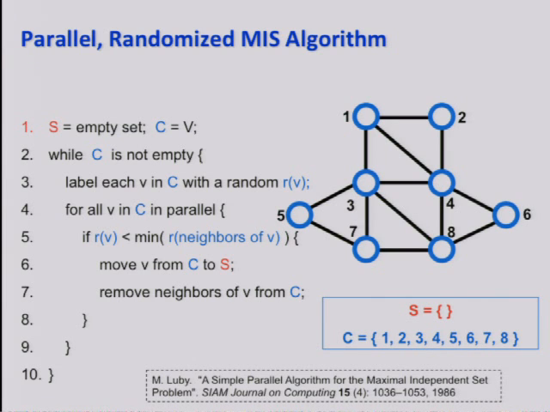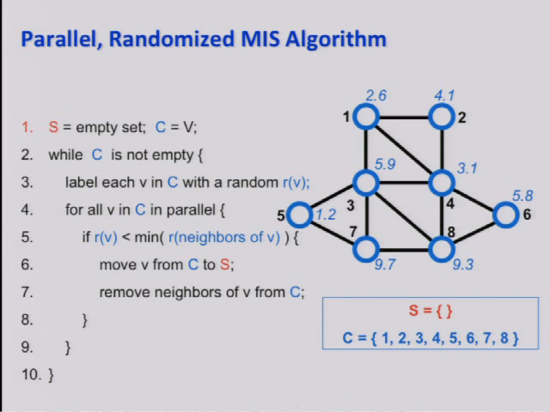You randomly label every entry in C with a random number, like this. Then every one of them independently looks at its neighborhood and checks if it has the minimum number. So 5 is going to find itself as having the minimum number, and 1 will find itself to be the minimum among its neighbors.